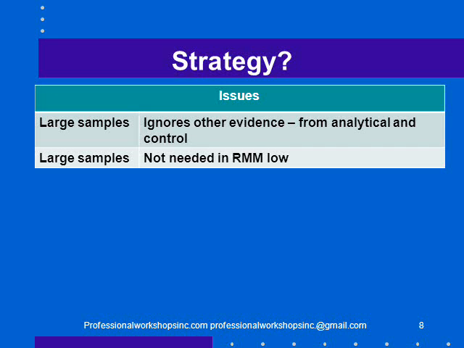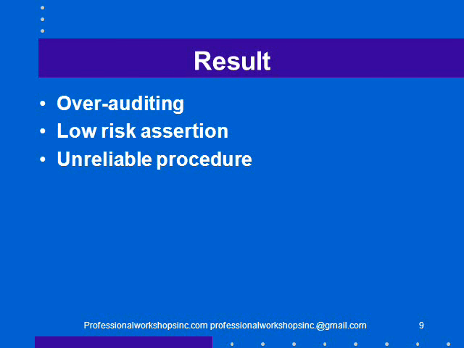Inherent risk of high is often considered to be 60%, so we're doing way too much work with a large sample. And particularly if risk of material misstatement is low, we don't need to be doing a large, high confidence sample. So the result is we're over auditing, we're addressing a low risk assertion, and we're using an unreliable procedure.